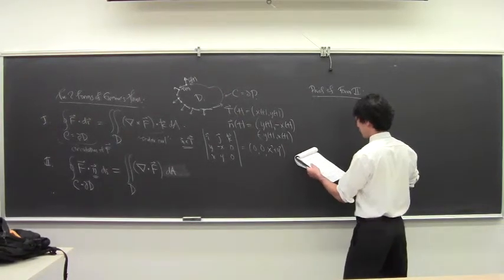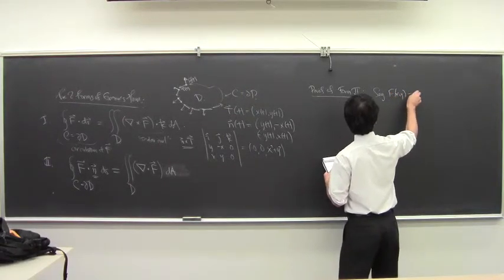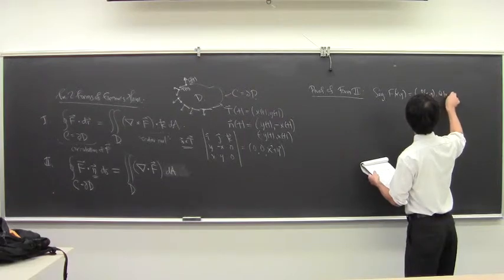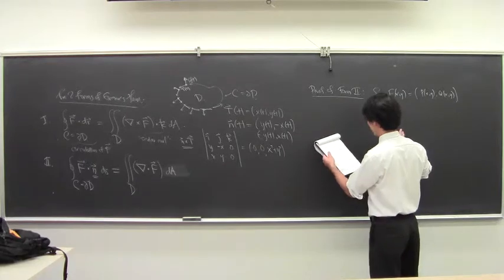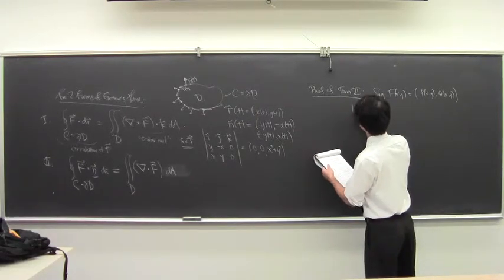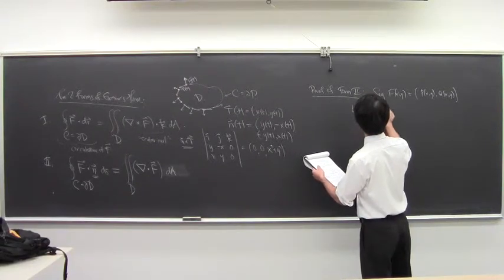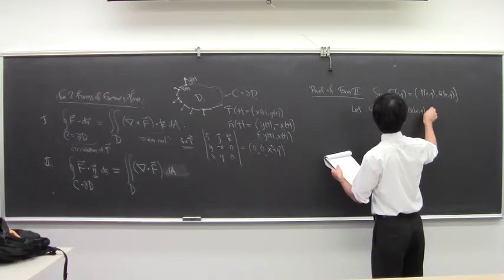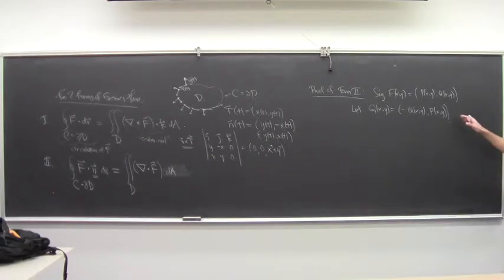Let's say that F(x,y) is (P(x,y), Q(x,y)). Create a new field: G(x,y) is going to be (-Q, P). You see that this field that we created is perpendicular to the other one.